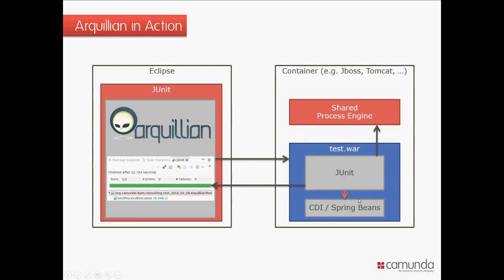And when that's finished, it gets undeployed, and I see the result in JUnit in your Eclipse, on your client. So you're really running in a real server environment, and it's just cool.